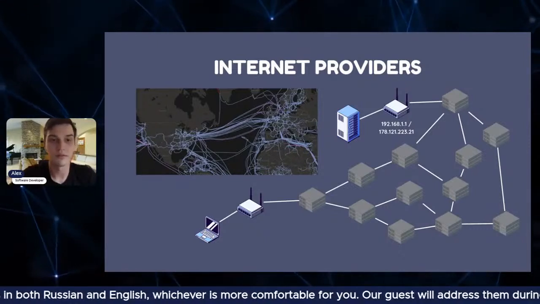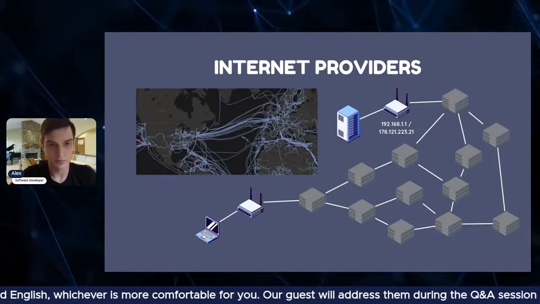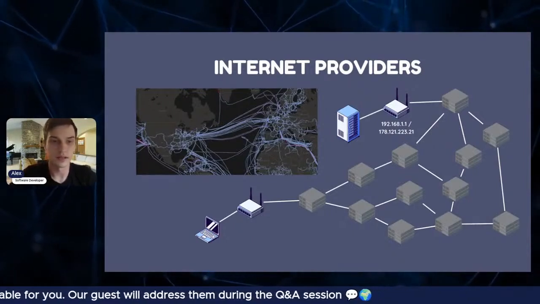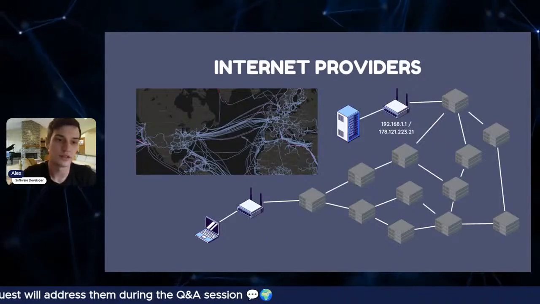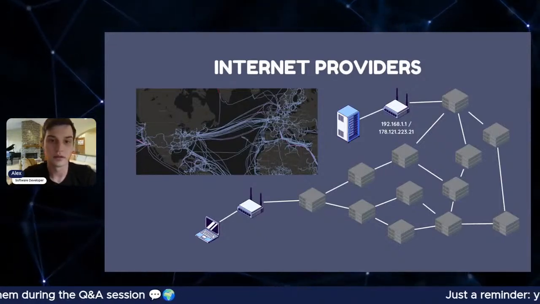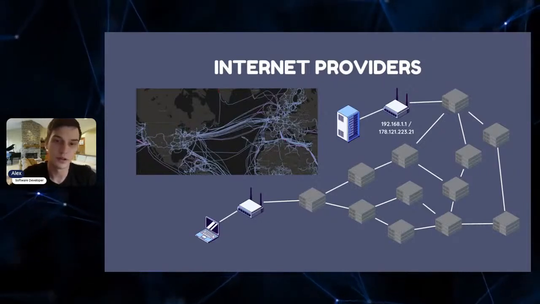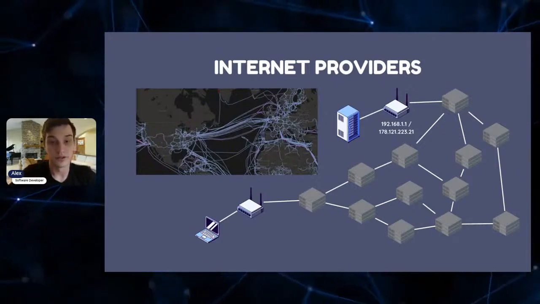So the router knows if someone calls him from the internet, he needs to pass it to the server, and he needs to send an answer back. So, okay, we connected to our server and sent a message through the provider's network.